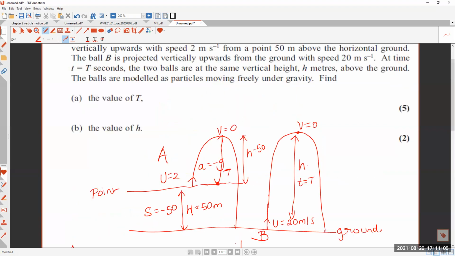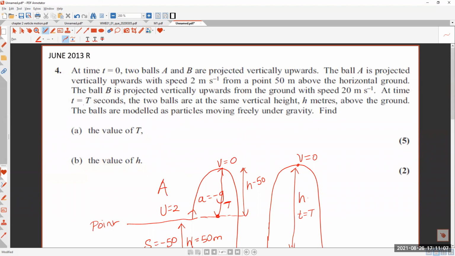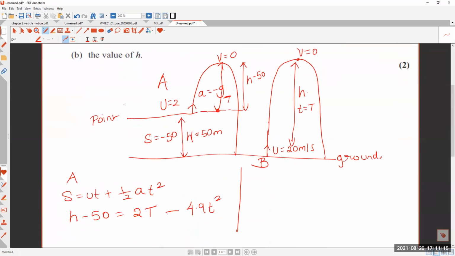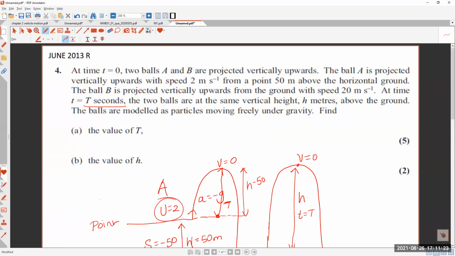Because they said that the time taken to reach maximum height is capital T, it's written in the question. For A it was 2, and for B it was 20. There are two particles here.